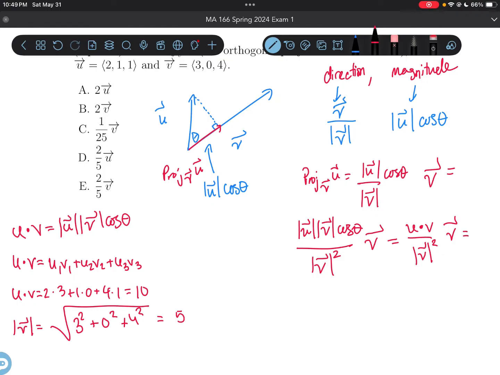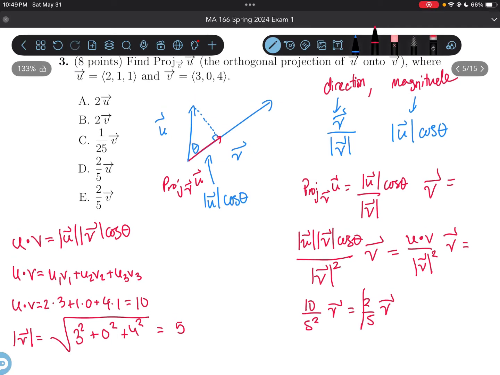So plugging all our values in, we plug in 10 divided by 5 squared times the vector v, and we get 2 over 5 times the vector v. So the answer to question 3 is E.